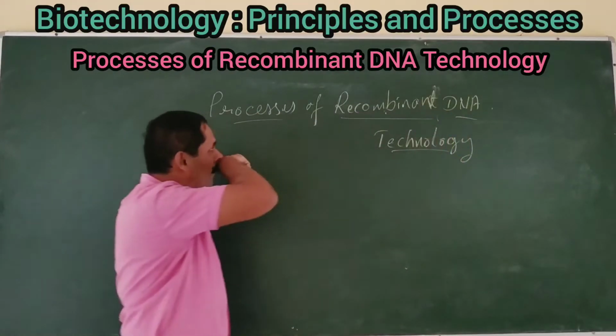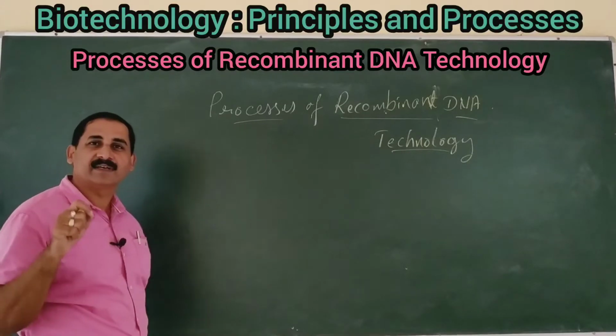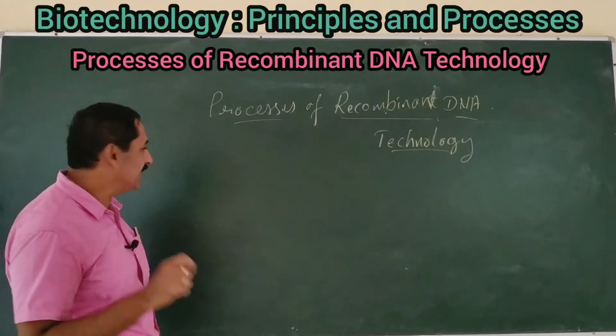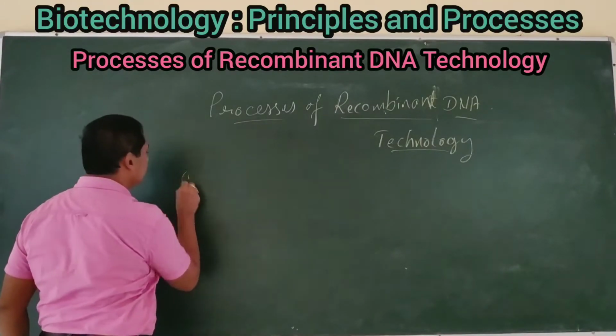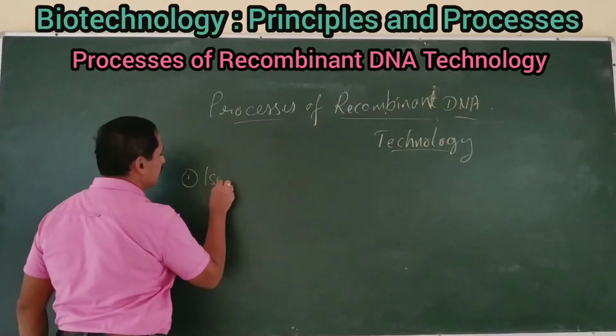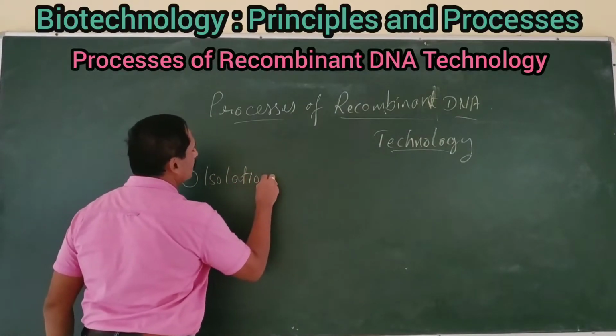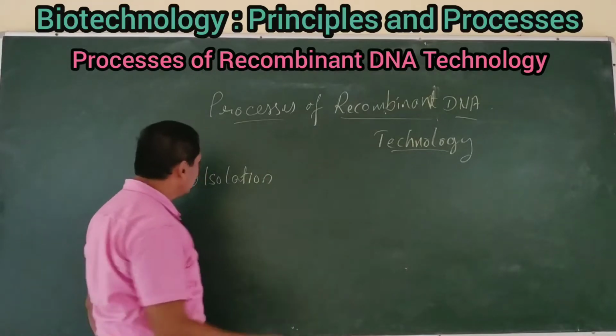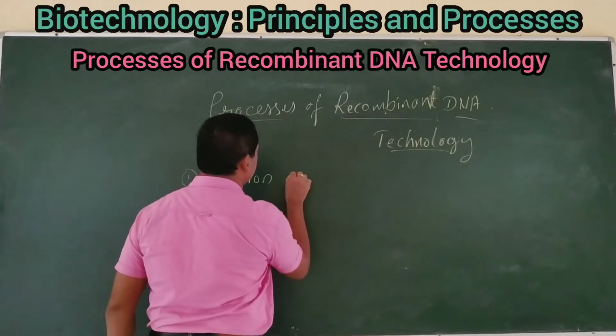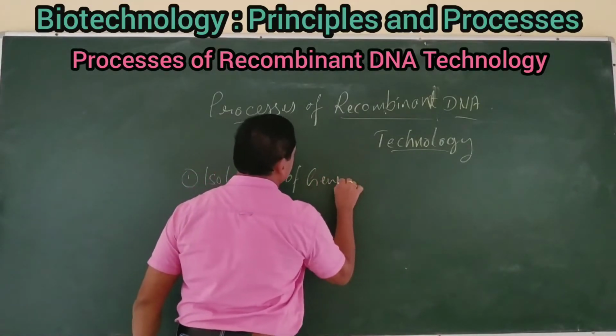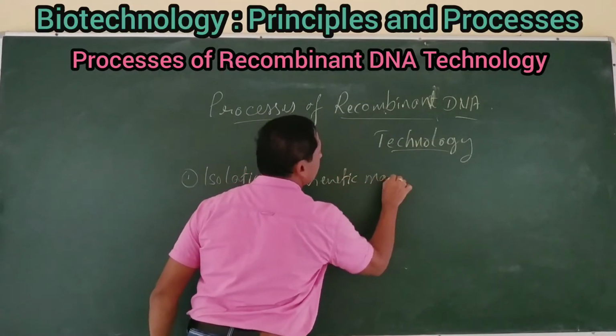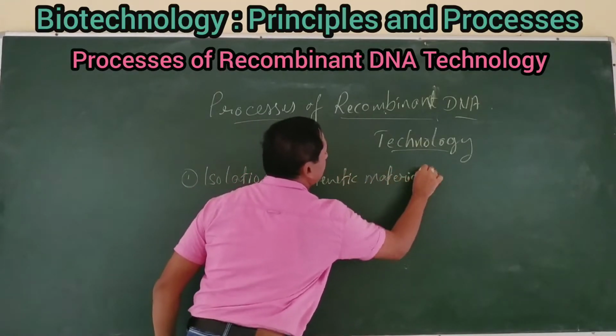Different steps are involved in the process of rDNA technology or recombinant DNA technology. The first step is isolation of the gene of interest, isolation of genetic material, that means the DNA.